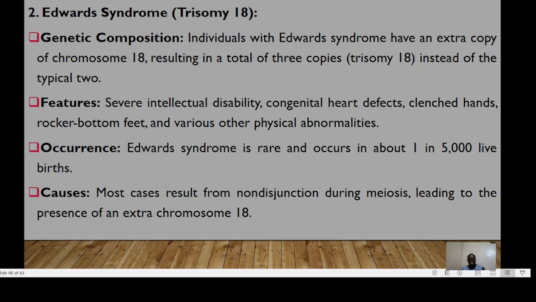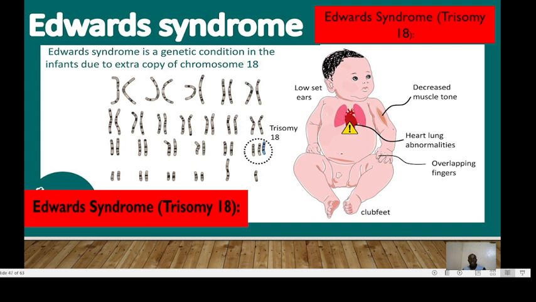Edwards syndrome is rare and occurs in around 1 in every 5,000 live births. Most cases result from non-disjunction during meiosis, leading to the presence of an extra chromosome 18. The patient could be presenting with low set ears, heart and lung problems, overlapping fingers, club foot, and decreased muscle tone.